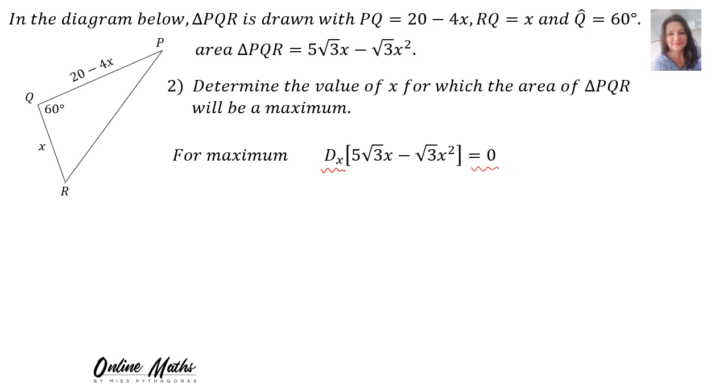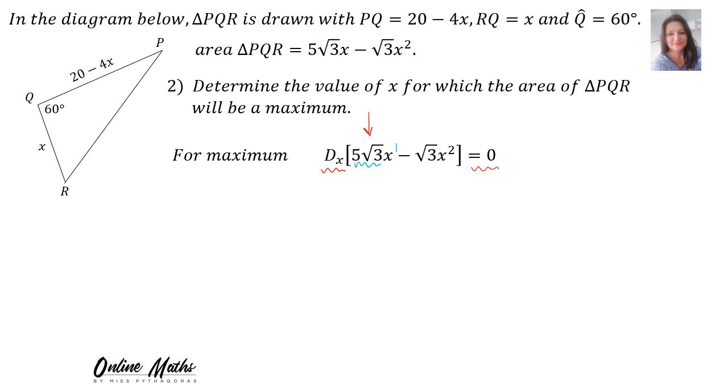Now, remember the rules of differentiation is you deal with each term individually. Now, when you differentiate, you are not interested in the coefficient, the number in front of x. So the 5 root 3, that you just leave alone, and you go to the x. And on x there is an invisible 1.